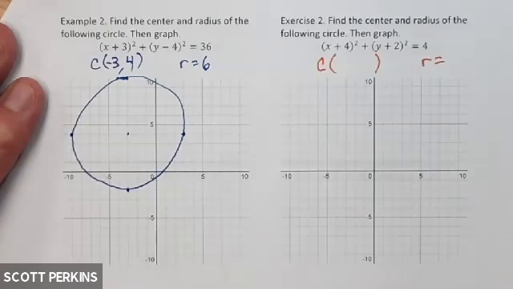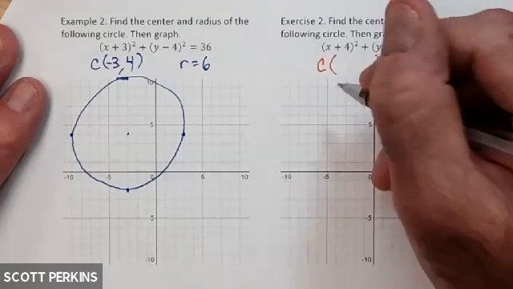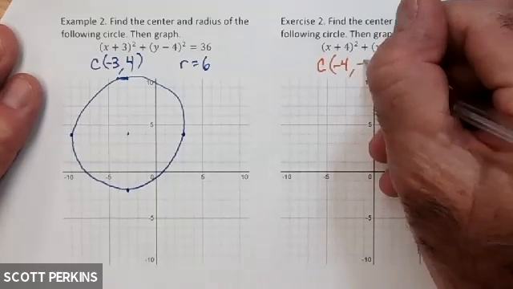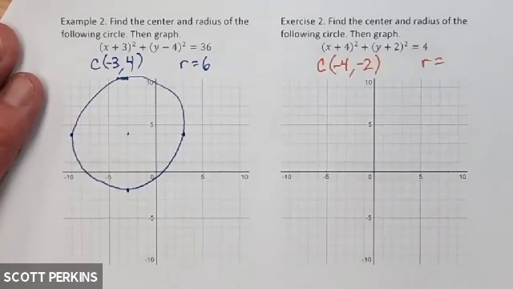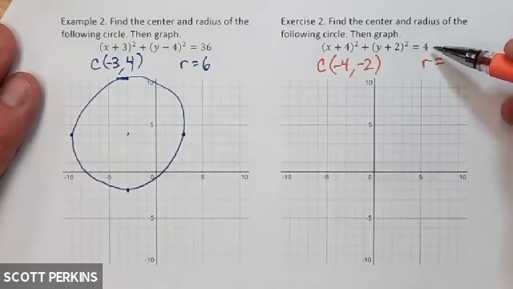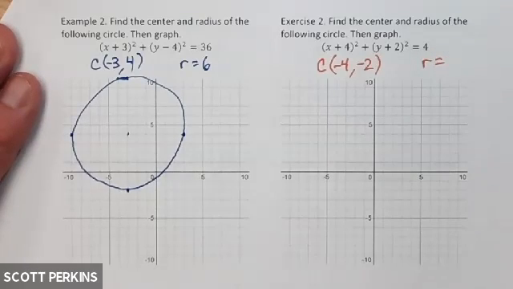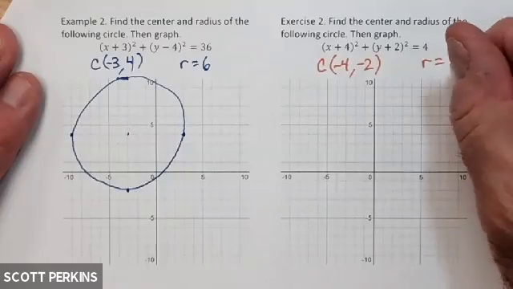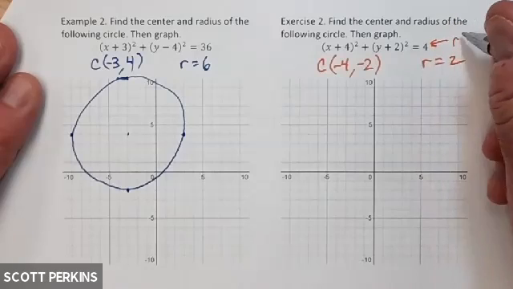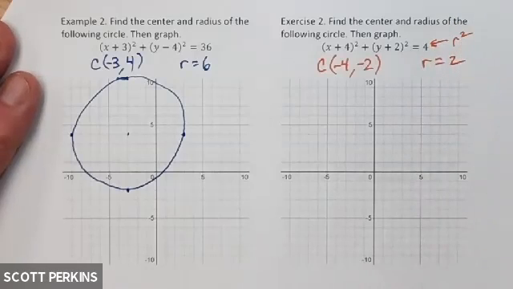All right, the center, what's the x coordinate of the center? -4 sounds great. What's the y coordinate? Perfect. Thank you for participating. -2. And then if this is equal to 4 on the other side, what is the radius of this circle equal to? 2. Great. Remember, this number over here is r squared. It's not just r, that number is r squared, so that means r is 2.